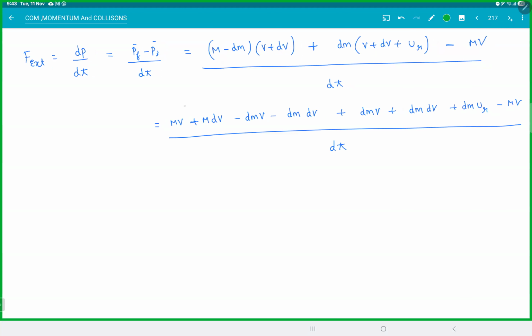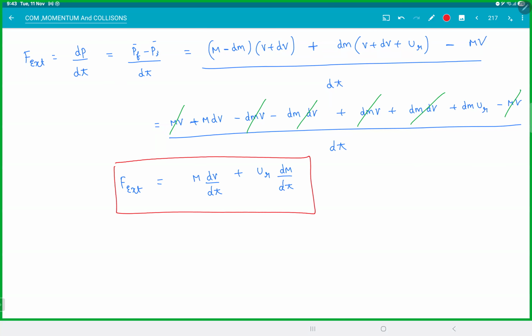This and this will cancel. This and this will cancel. This and this will cancel. So you're just left with m dv by dt plus u relative dm by dt. So there, this is your force.